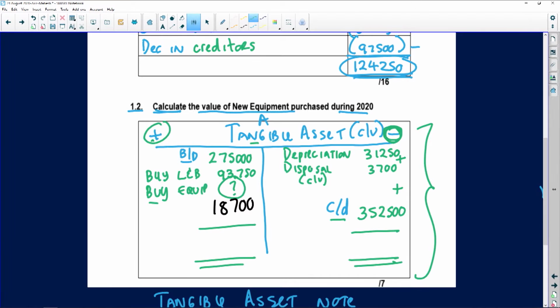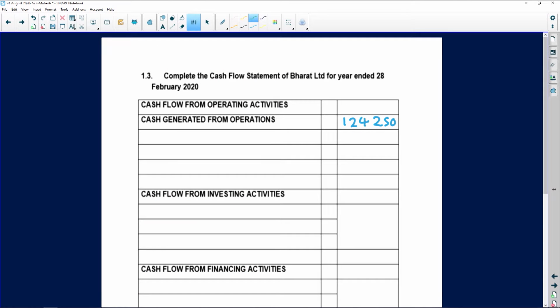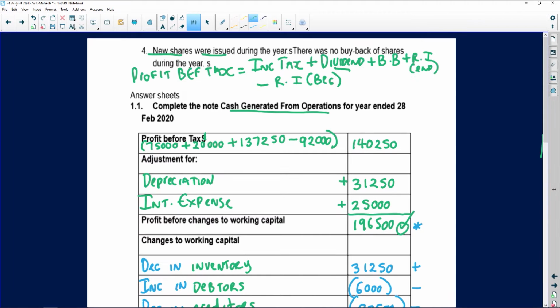Right, 18,700. Let's go to the cash flow statement and fill in these figures so that we don't have to go back to it. So remember, cash flow from investing activities, purchase of fixed assets. We purchased equipment, 18,700, plus we also purchased land and buildings.